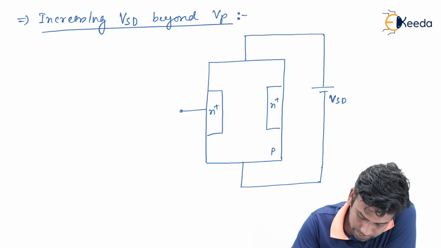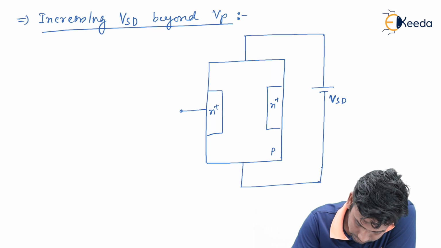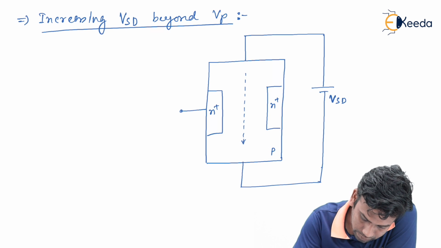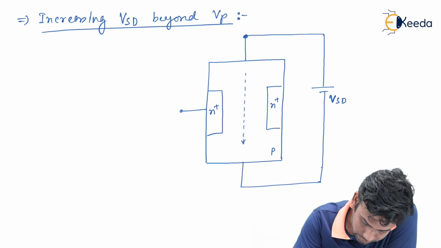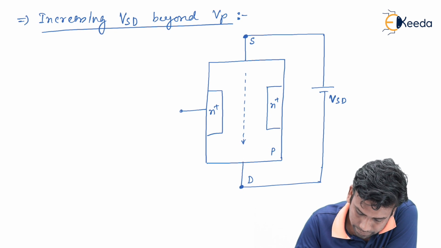Now ID current is flowing through this channel from source terminal to drain terminal.